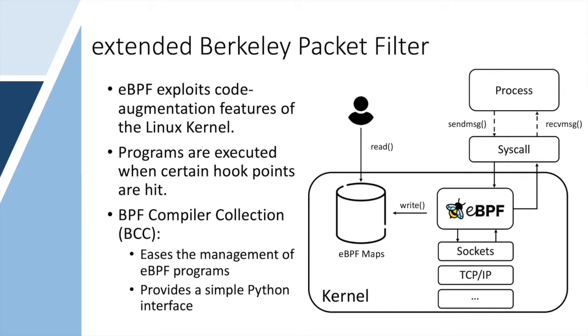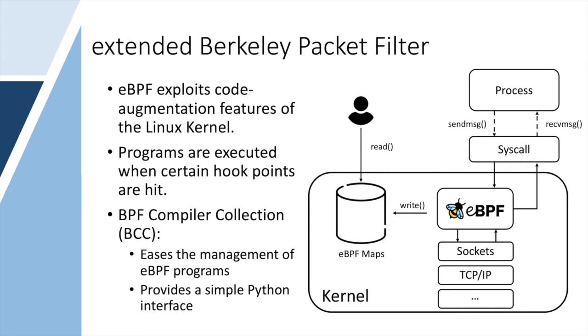Programs are executed once certain hook points are hit, and there are several hook points already predefined, such as system calls or network events. Moreover, there are several toolchains that help developers to write and inject eBPF programs, such as the BPF Compiler Collection, which is the one that we used.